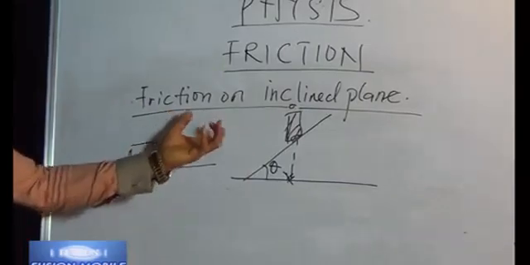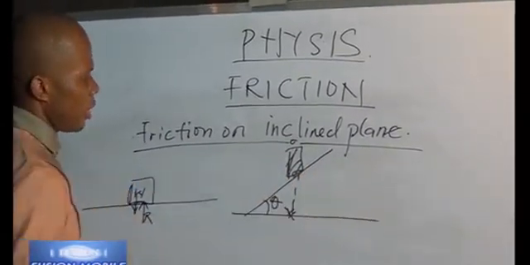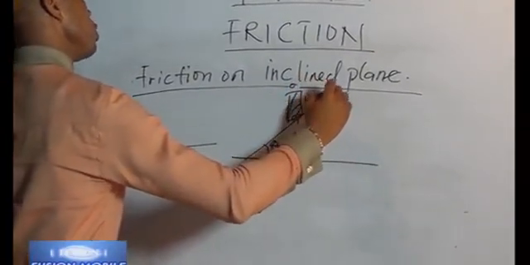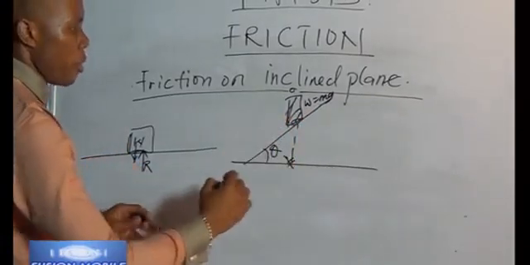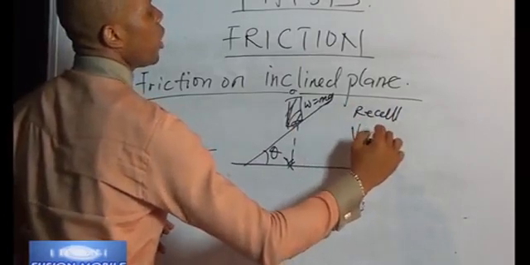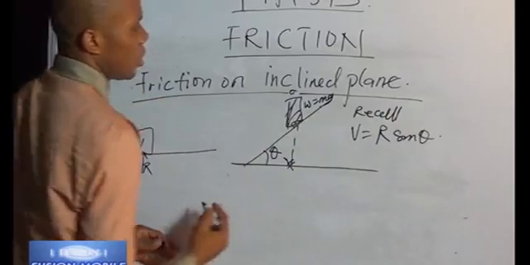And from scalars and vectors, we were shown how we can calculate the vertical component of anything given. Since here we have the weight, which is mg, and now we are looking for the vertical component, recall that the vertical component is the resultant vector times sine theta.